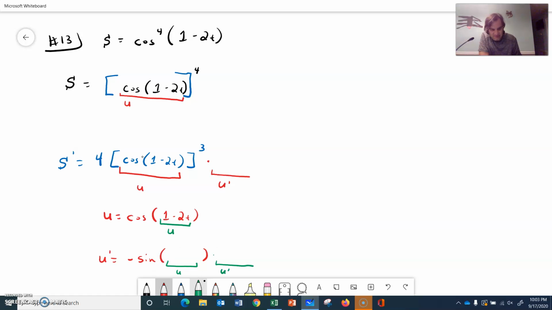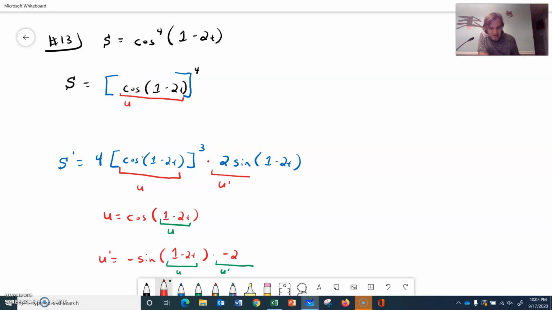So the u that I was working with now is 1 minus 2t, and the derivative of that is negative 2. So this is the u prime that I want for this blank that I left up here in the s prime. Let's clean that up a little bit. Negative 1 times negative 2 will be a positive 2, and that would be sine of 1 minus 2t.